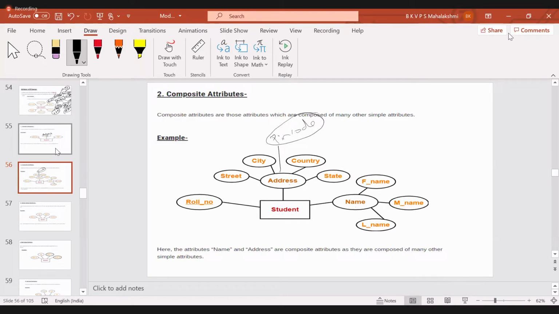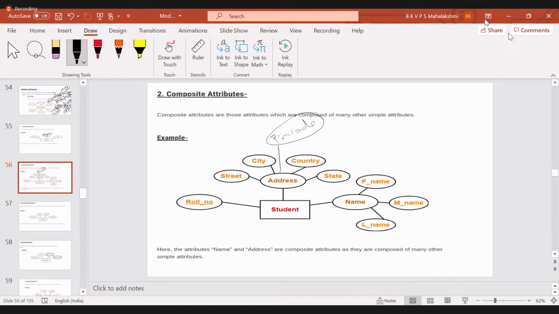For student, madam kept street, city, country, state for the address, considering it a composite. So we should not put pin code? No, not like that. The ER diagram is completely based upon you. If you want to draw in detail, draw it in detail.